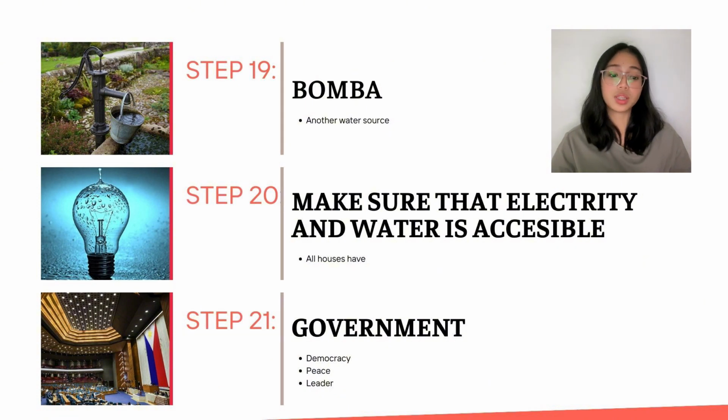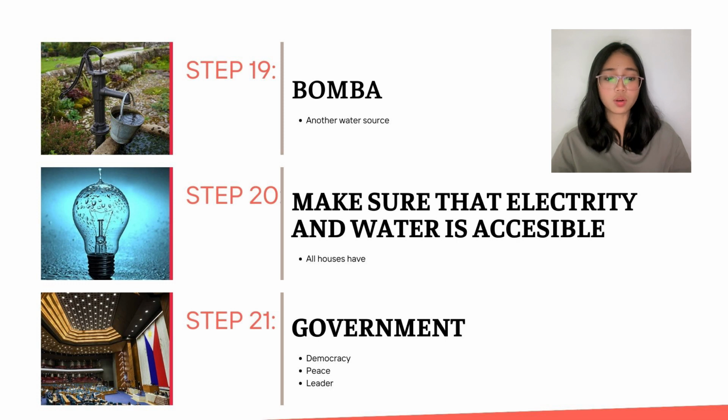And step 21 is government. Let's make this community a democracy where people could have their freedom of speech, freedom of expression, or their own rights.